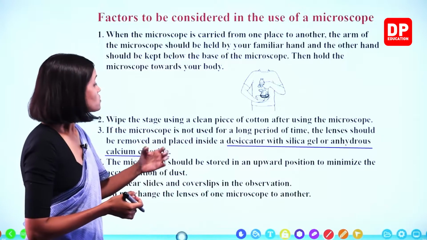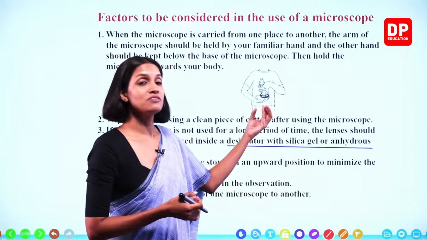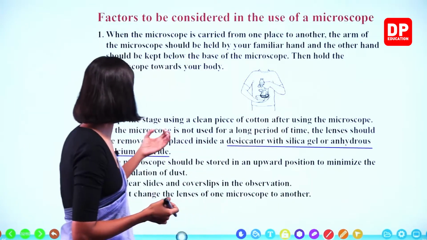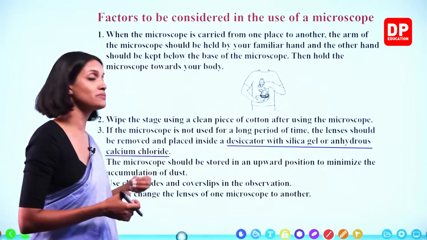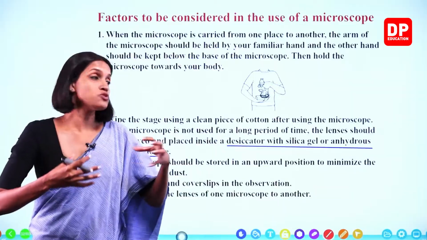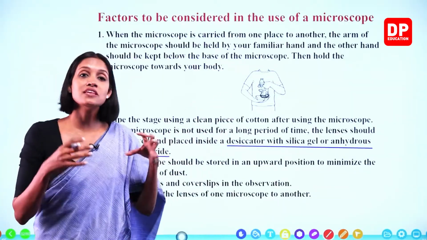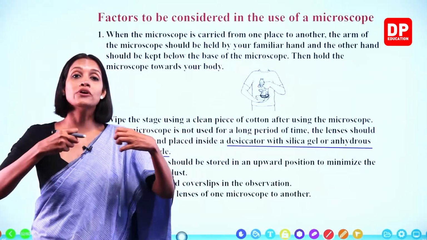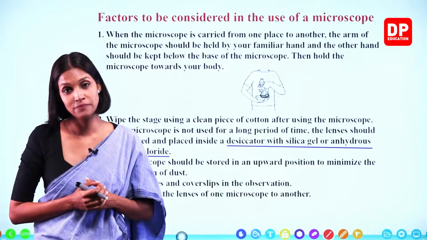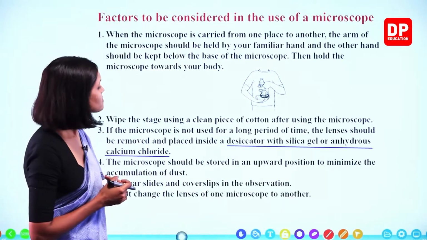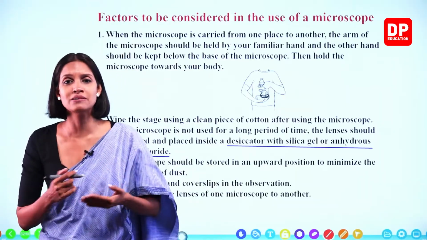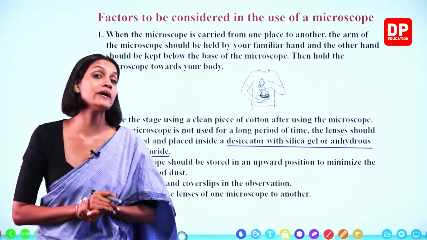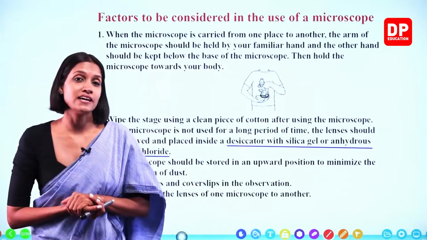Okay? So what is the meaning of silica gel? What do they do? Silica gel and anhydrous calcium chloride, they can absorb. They are chemical substances. They both can absorb moisture present in the atmosphere. Right, children? Have you seen sometimes when you buy leather shoes or leather bags, a small silica gel packet is present inside?